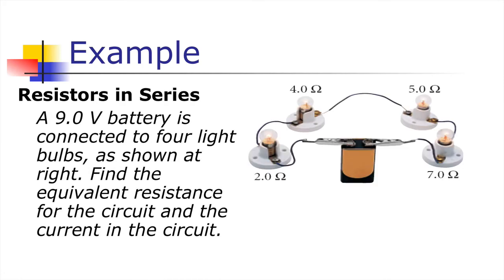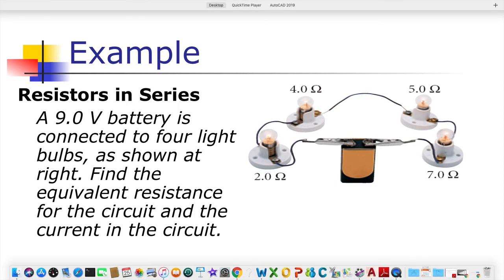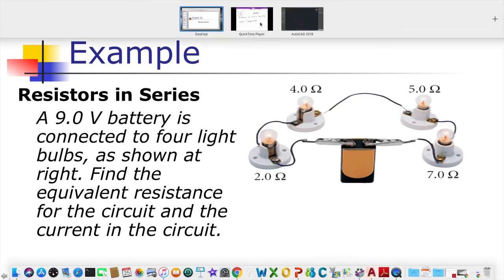So an example. I want you to solve this. Let's say a 9-volt battery is connected to 4 light bulbs, as shown. Then find the equivalent resistance for the circuit. So this is simple, right?